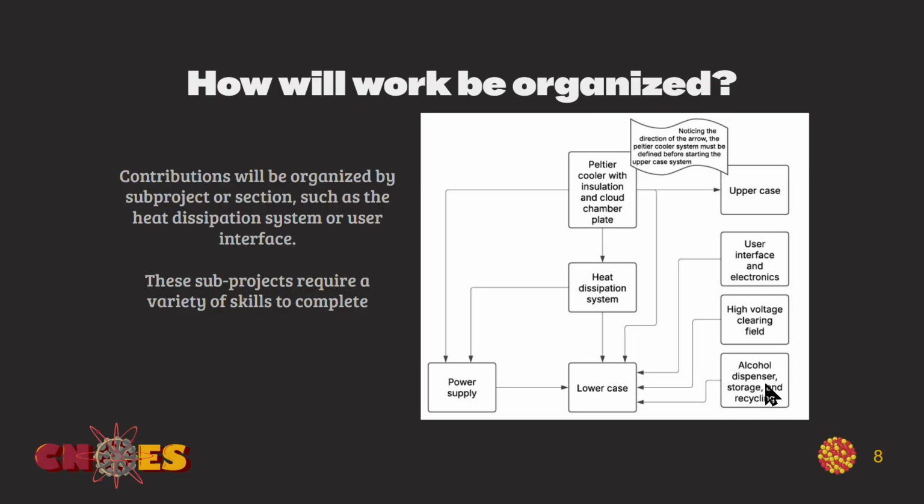Then the alcohol dispenser, storage, and recycling will be pretty much entirely mechanical. And then the power supply requirements, all that will be electrical. So there is a little bit of something for everyone. The project is most heavy in mechanical and electrical engineering, but of course we will have computer engineering, software, as well as a little bit of chemical engineering.